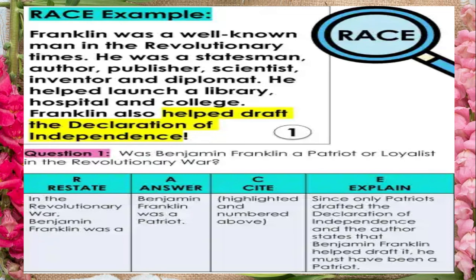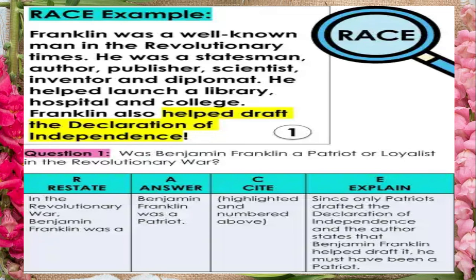Was Benjamin Franklin a patriot or loyalist in the Revolutionary War? Restate: in the Revolutionary War, Benjamin Franklin was a... Answer: Benjamin Franklin was a patriot. Cite: highlighted and numbered above. Explain: since only patriots drafted the Declaration of Independence and the author states that Benjamin Franklin helped draft it, he must have been a patriot.